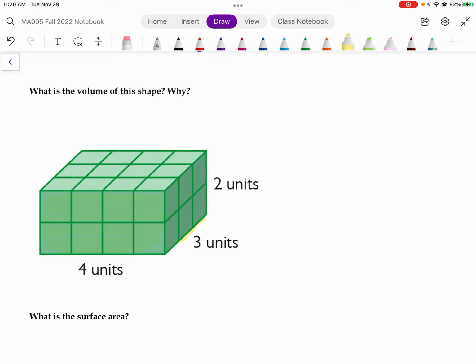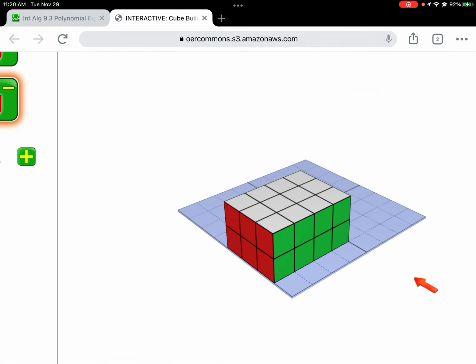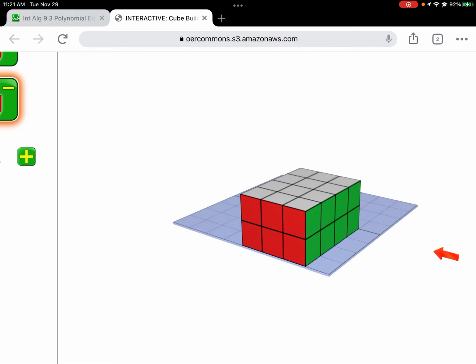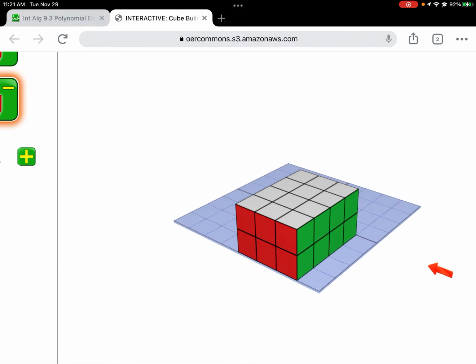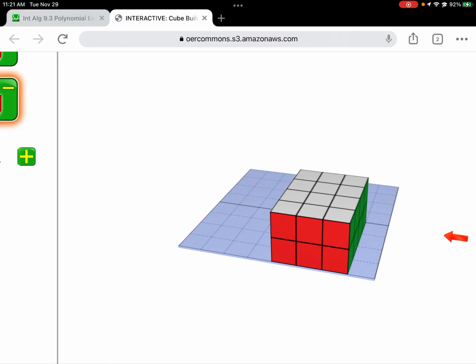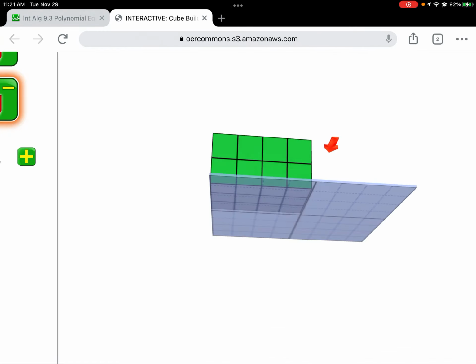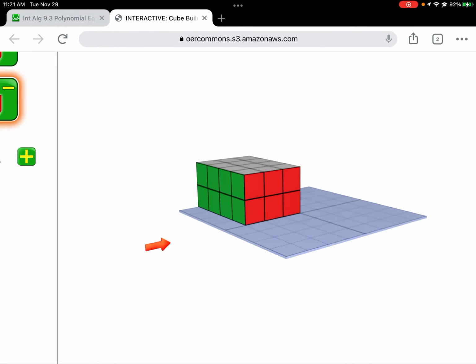But let's go and look at this. So this is a builder where you can build the blocks. I don't know why the left side just disappeared, but it did. So you can add more blocks or take blocks away, but this is the shape that we were just working with. So hopefully you can see that the top and the bottom are the same size. The front and the back are the same size.